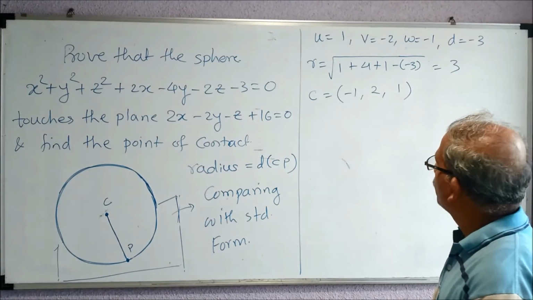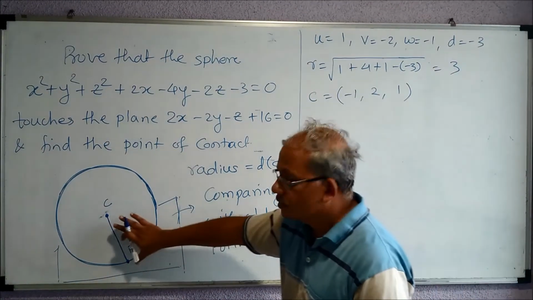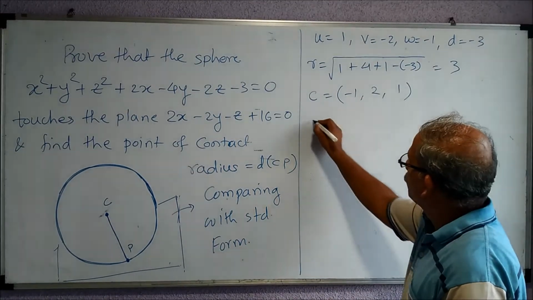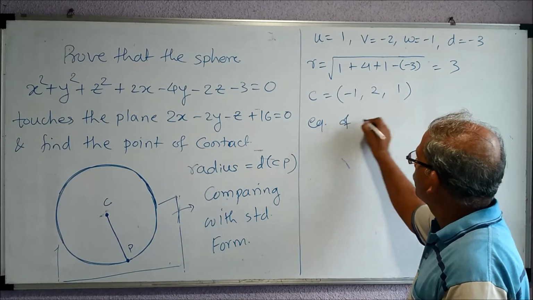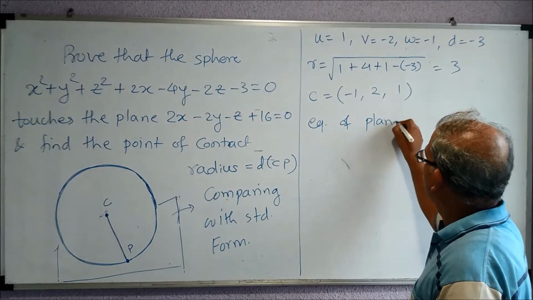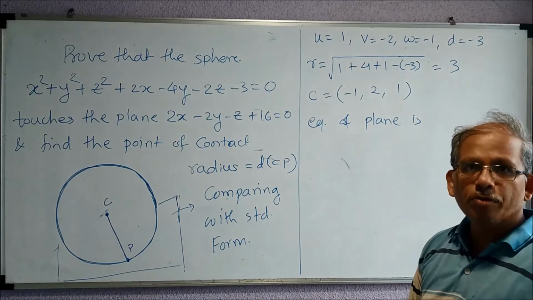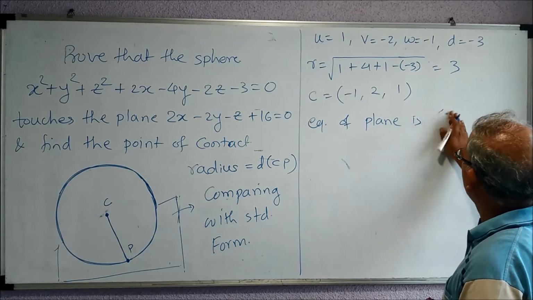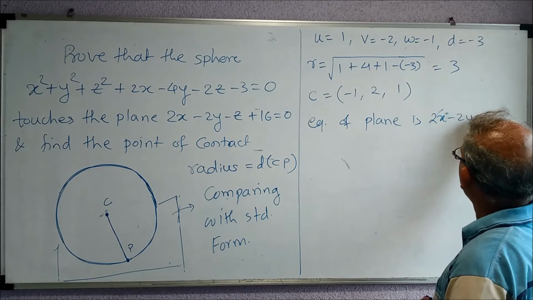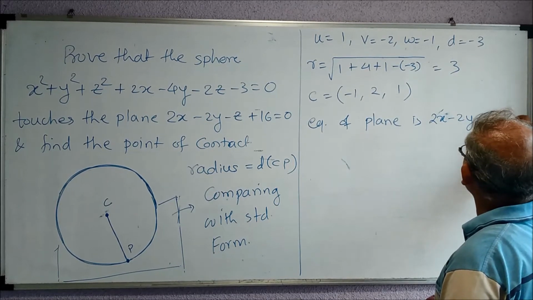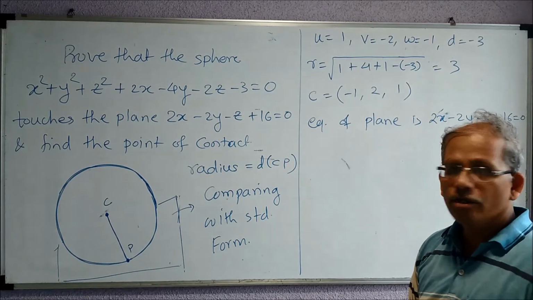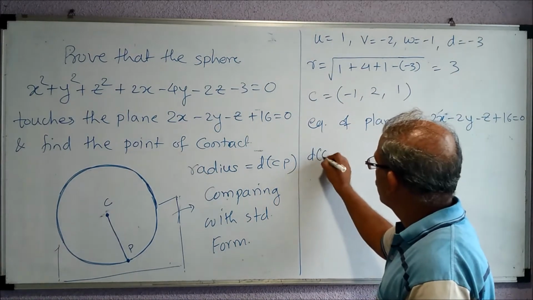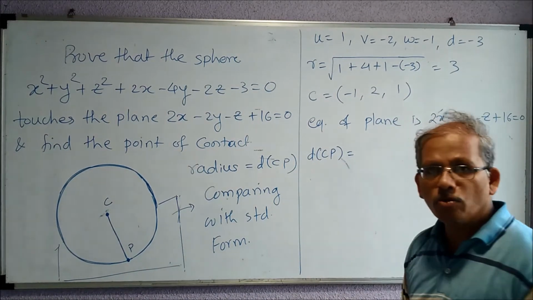Okay, fine. Now how will we calculate the distance Cp? So equation of plane is given. It is 2x minus 2y minus z plus 16 equal to 0, right? Then distance Cp will be equal to, what is the formula?